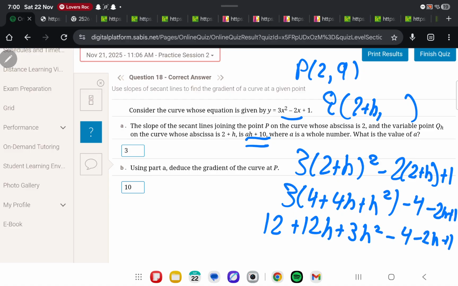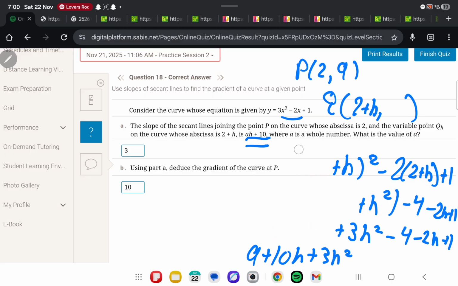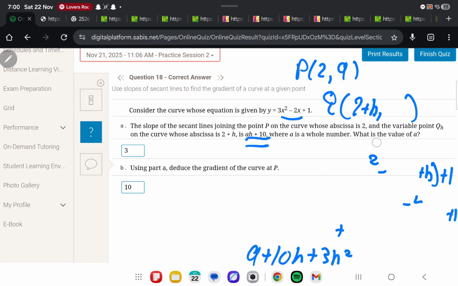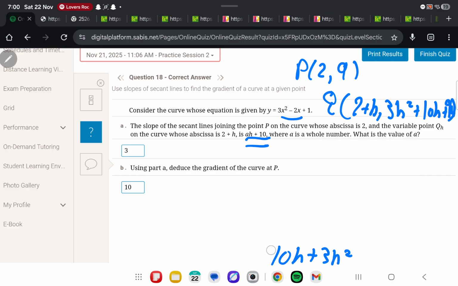This is very long. So 12 minus 4, 8. Plus 1, 9. So 9, 12h minus 2h plus 10h plus 3h squared. This is my y value for point Q. So 3h squared plus 10h plus 9. Okay, there we go.